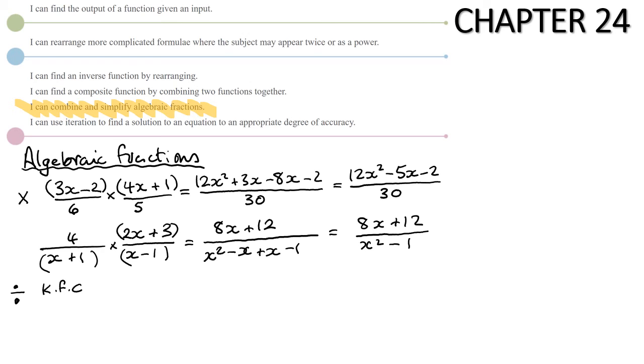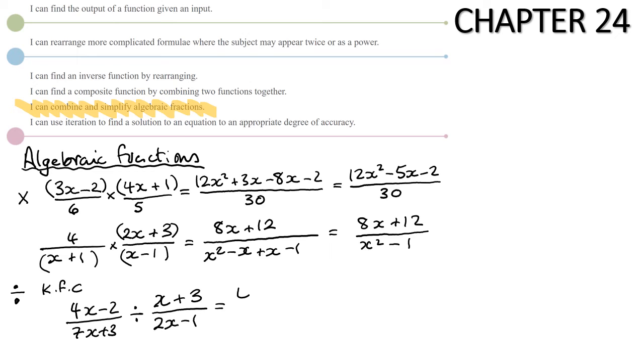When we divide algebraic fractions, we use the KFC: keep the first fraction, flip the second fraction, change the sign. So let's say I had something like (4x minus 2) over (7x plus 3) divided by (x plus 3) over (2x minus 1).